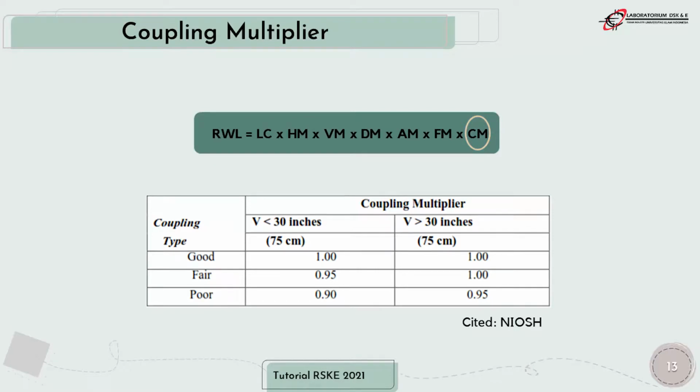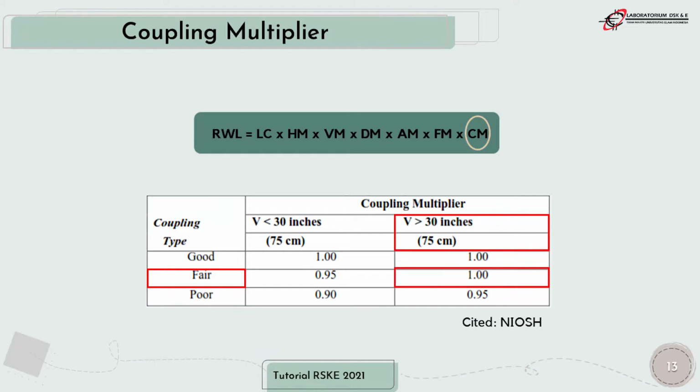It also depends on the V value, whether it is greater than 75 centimeter or less than 75 centimeter. Now, it turns out that the item you pick up is in the fair category and the V value is greater than 75 centimeter, meaning that the coupling multiplier value is 1. Then you can just enter it into the formula to determine the RWL, or so like that.